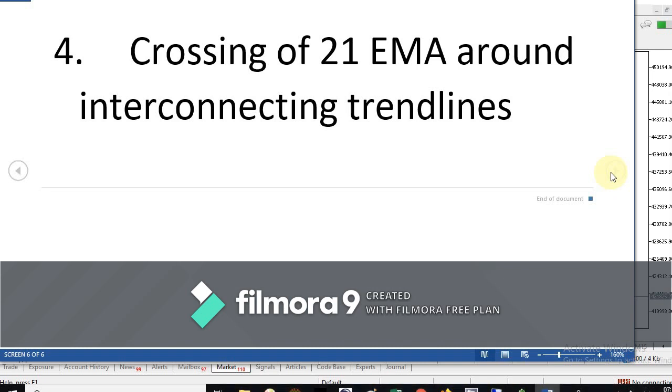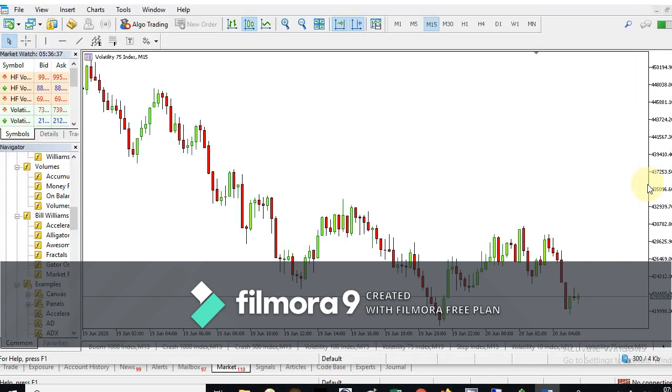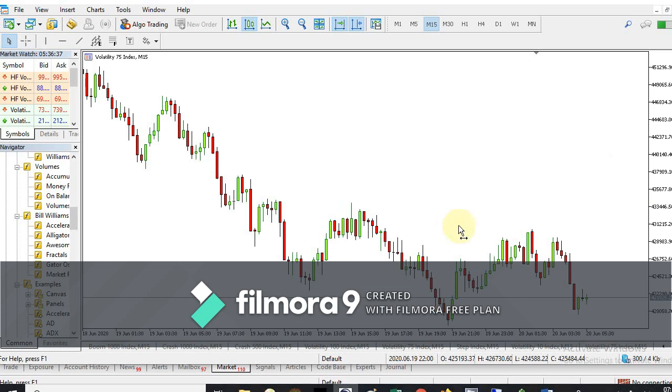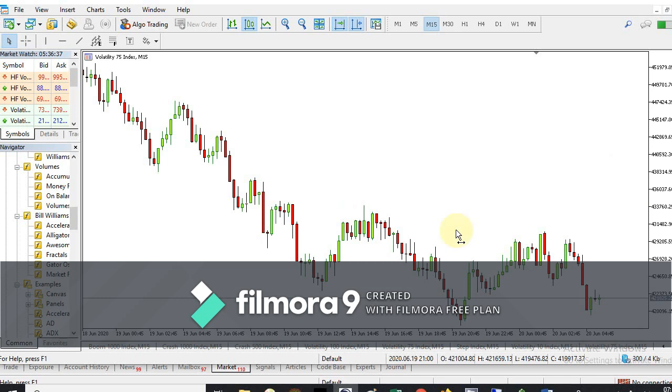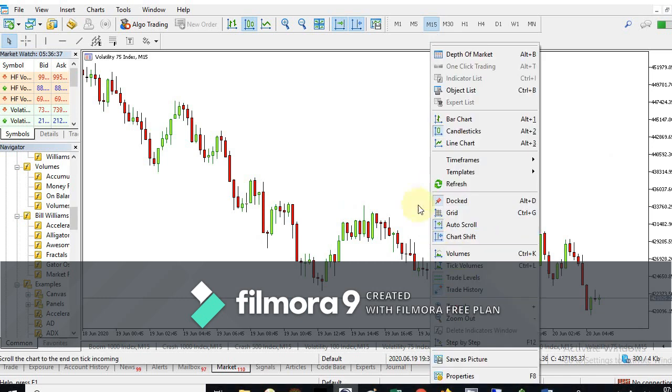So let's go straight to the chart. We have the Volatility 75 Index chart, 15 minutes time frame. The first thing to do is to load the period separator.